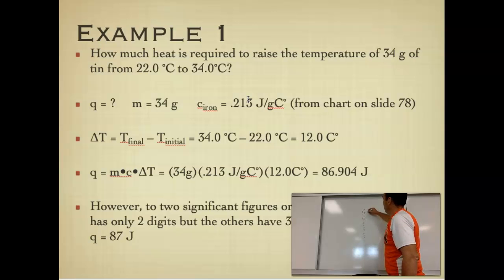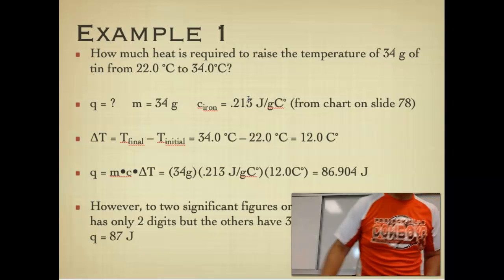G stands for givens, U stands for unknown, E stands for equation, the first S stands for substitute, and the last S stands for solve. So that's the kind of work we want to see.